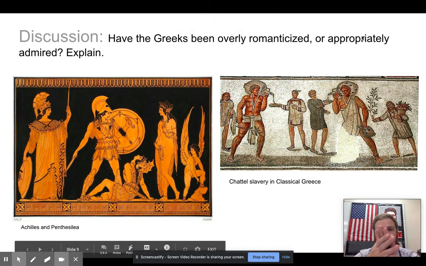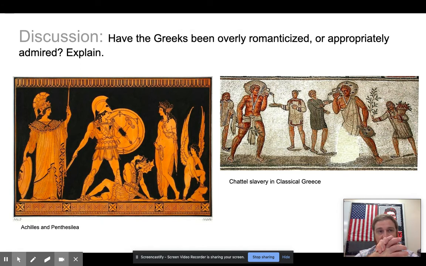So think about everything you've heard about the Greeks, whether in terms of democracy or the Hellenistic era, and whether you think that's been overly played up or appropriately admired. Are there things within that society that you didn't know about prior to reading these documents? And did that change your perception of classical Greece?